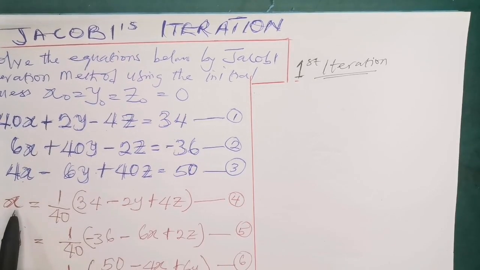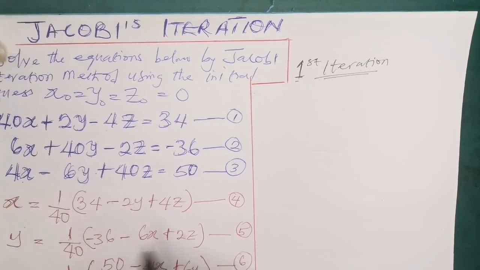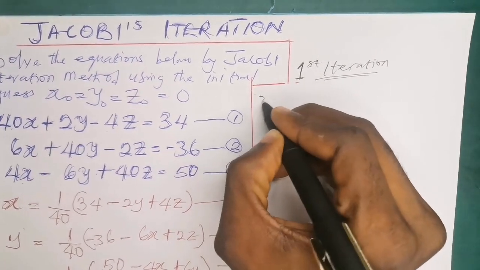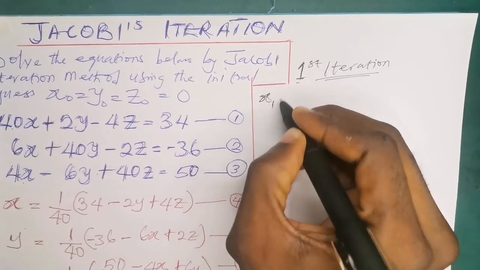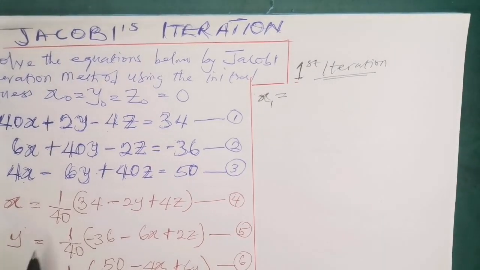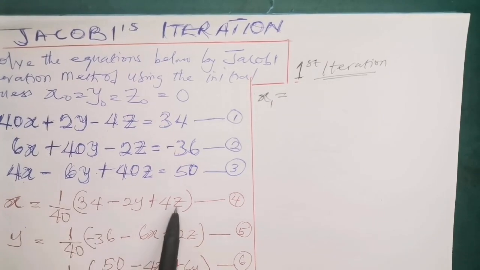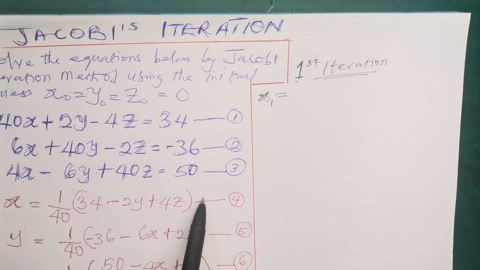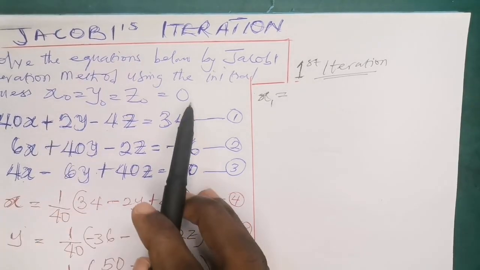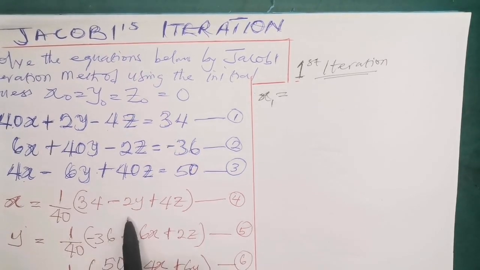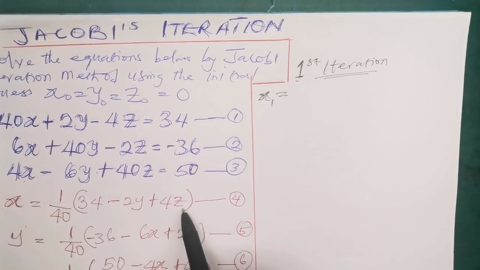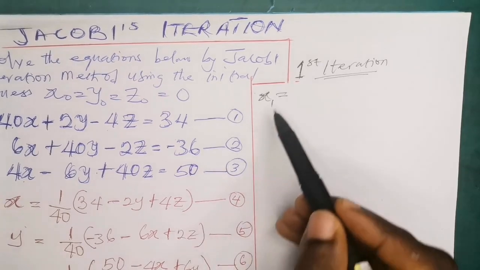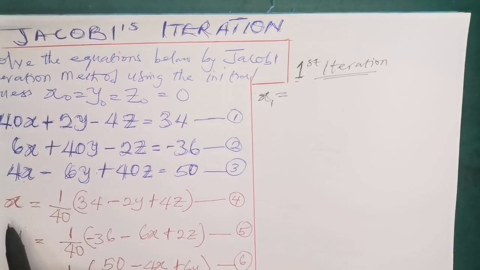That simply means for the first iteration, in place of x, x now becomes x1. So this is simply going to be x1, and this is going to be equal to, anywhere you see y in equation 4, and anywhere you see z in equation 4, you simply put in the initial guess, which is 0. So y here is y naught, and z here is z naught. That helps us to find x1, which is the first iteration.